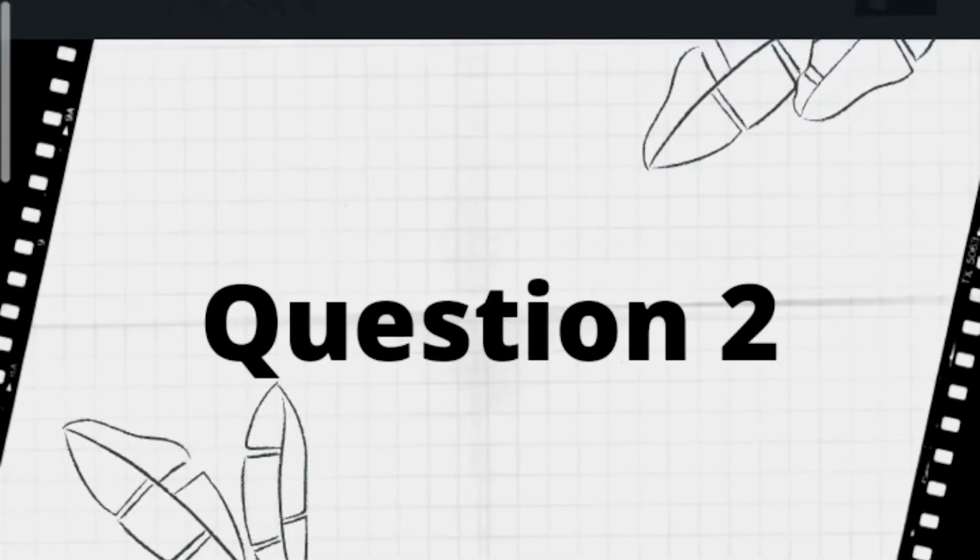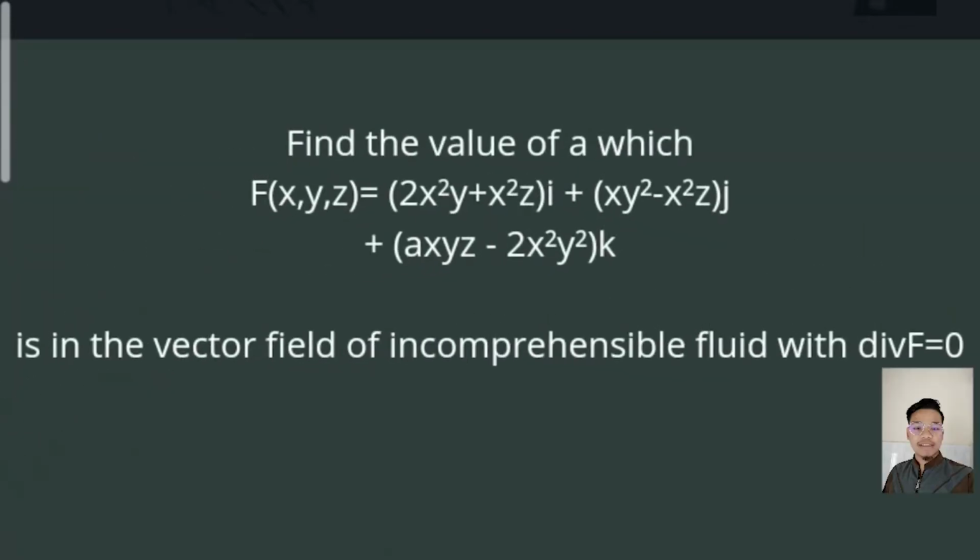Question 2. Find the value of a for which F(x,y,z) equals (2x squared y plus x squared z)i plus (xy squared minus x squared z)j plus (axyz minus 2x squared y squared)k is a vector field of an incompressible fluid, with divergence F equal to 0.